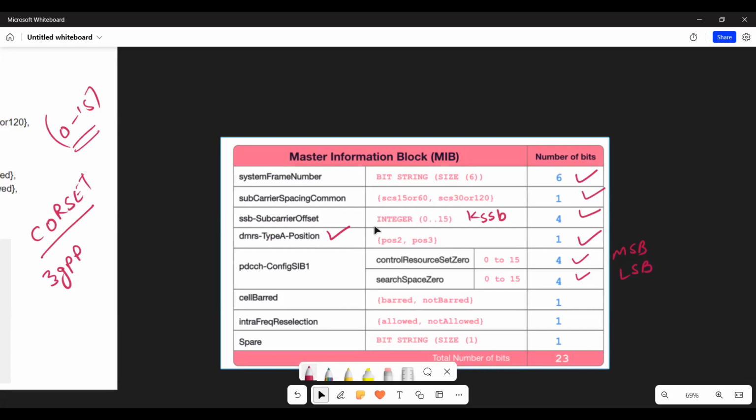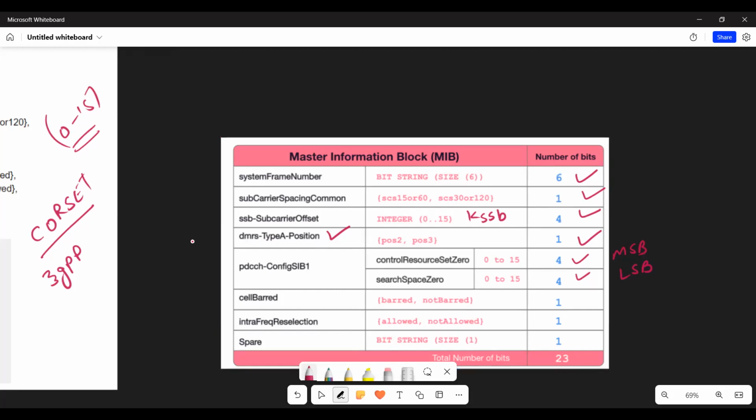There are certain tables related to CORESET that would be telling you the size of the CORESET in the frequency domain, like 48 RBs, how many symbols it is occupying in the time domain, like 1 OFDM symbol, and what the multiplexing pattern is, what the offset is. All these things you can find in the 3GPP specifications. I'll share with you later what the exact 3GPP specification is. But let's focus on the next things here in the MIB.